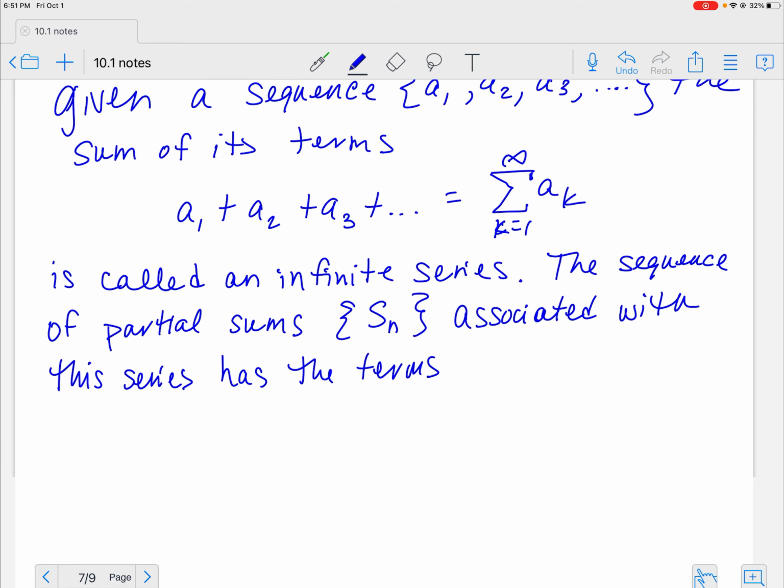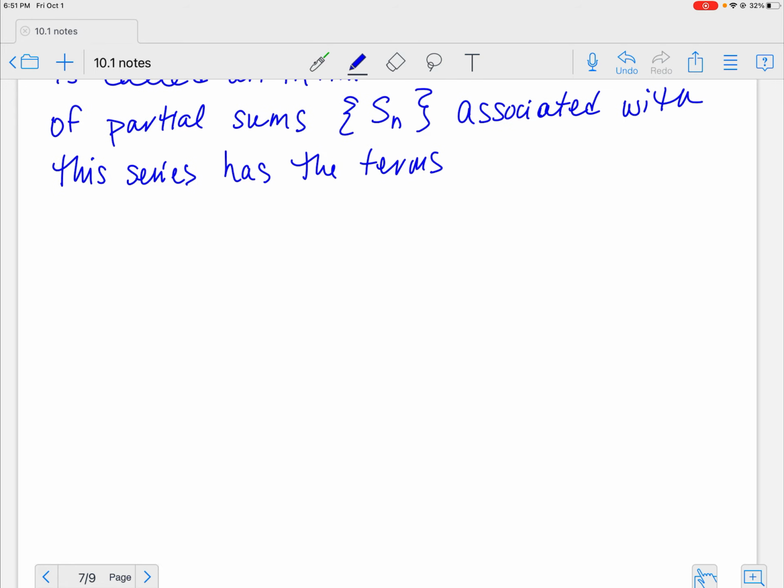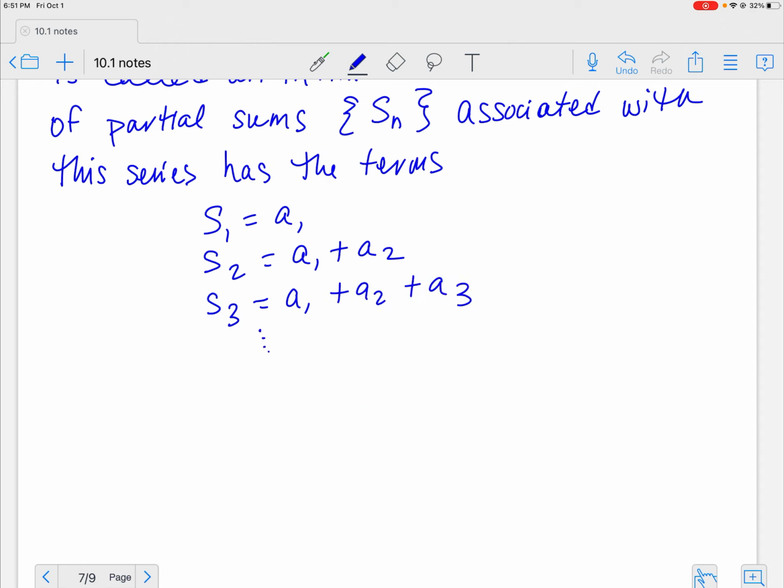S sub 1 is equal to a sub 1. S sub 2 is a sub 1 plus a sub 2. That's what makes it a partial sum. S sub 3 is a sub 1 plus a sub 2 plus a sub 3, etc. S sub n is a sub 1 plus a sub 2 plus a sub 3 plus all of them all the way up to the nth term that you specifically want.